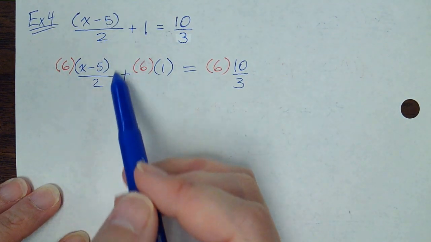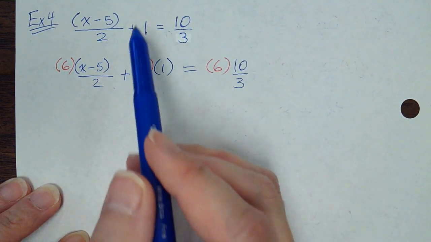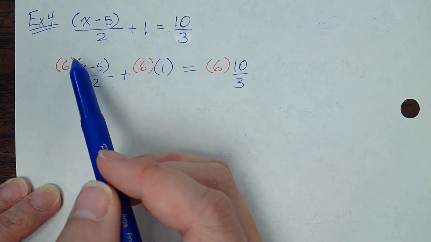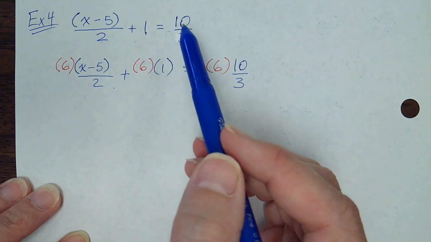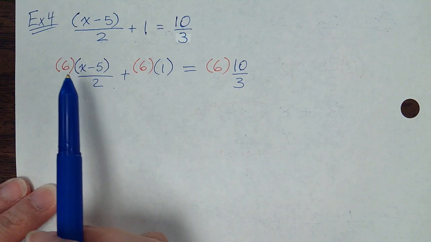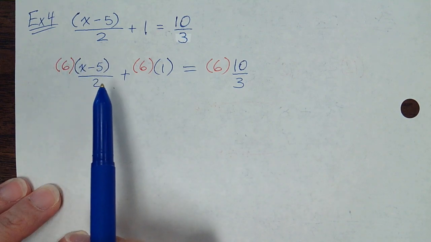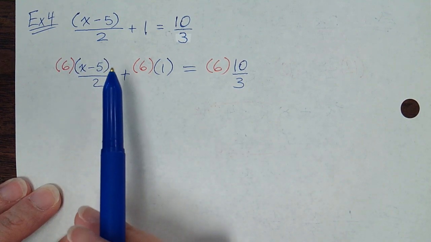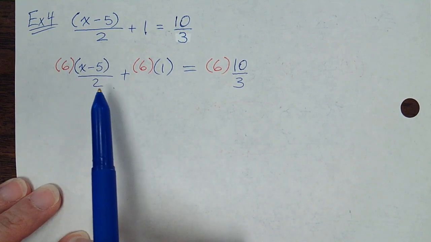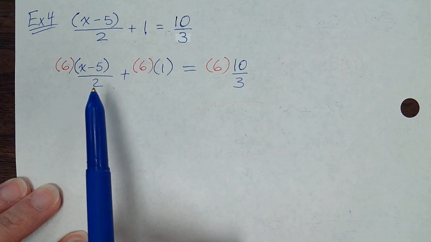Okay. So again, I'm just following the format that I used in the last few examples, showing you what it looks like when I multiply everything by 6. Now, if you look at this right here, that's why this was a little bit more challenging. Okay, how can I simplify this?